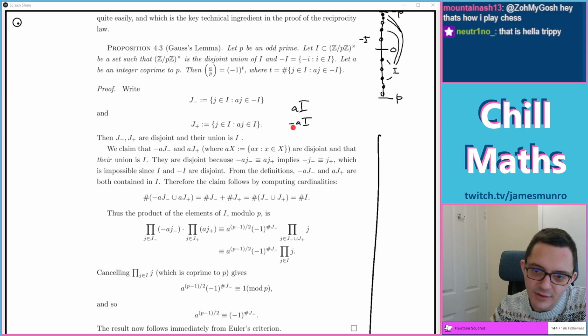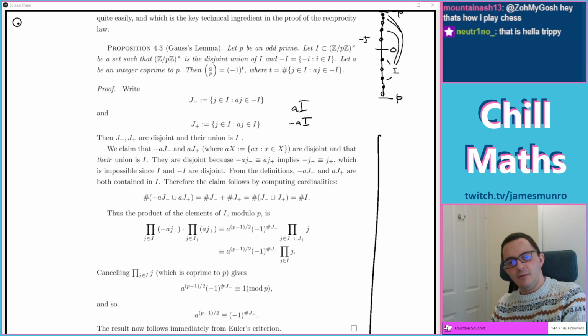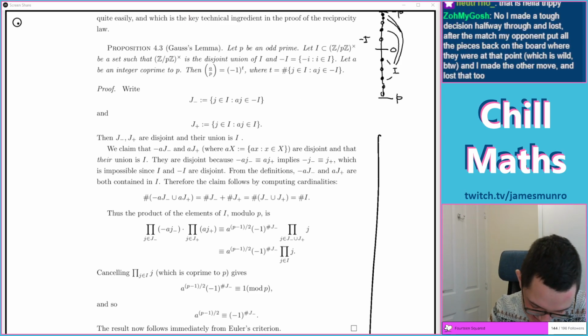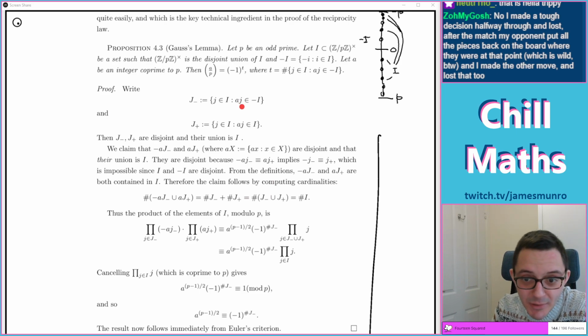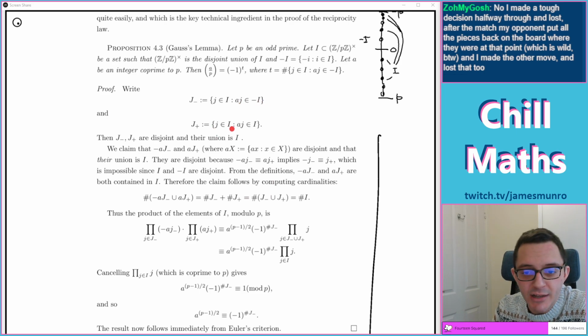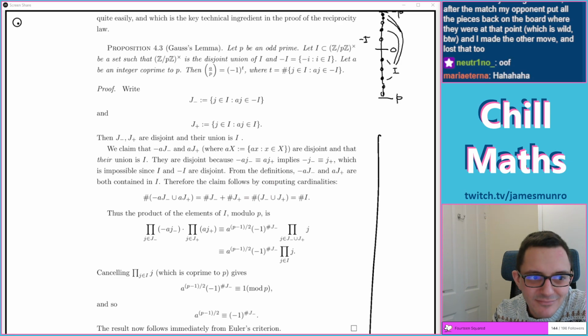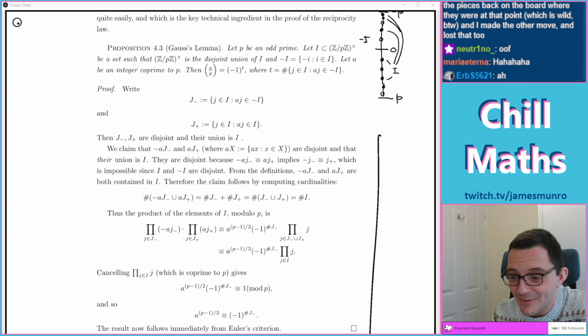So these contain everything, which I guess is like saying... J, minus, I don't like it. I don't like it, Gauss. Those j for which A multiplies you into the shadow realm, and those j for which A multiplies you and you stay in I.